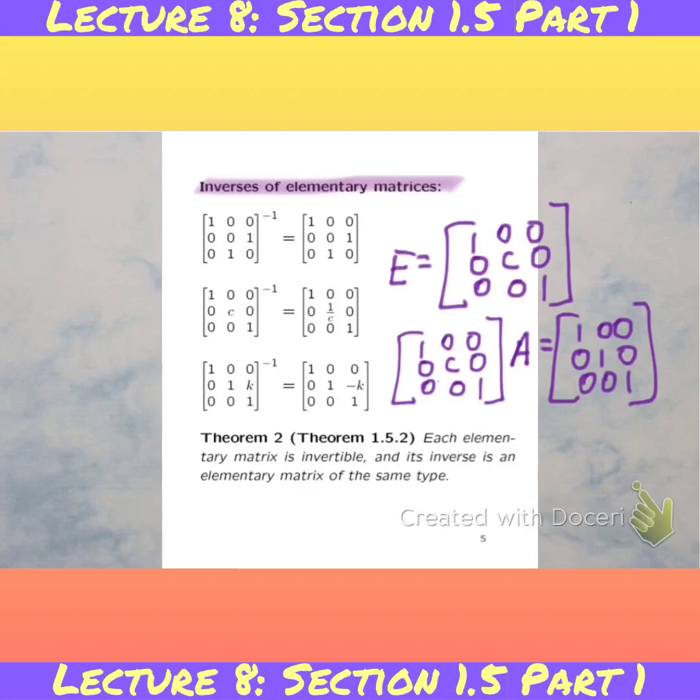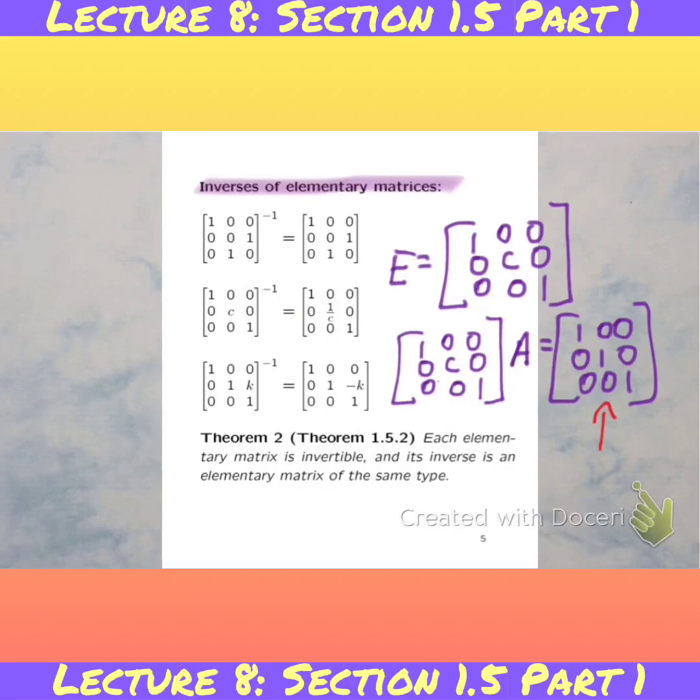Now I know that the product of E with A can be determined by applying the operation I use to get E from the identity matrix to A. So when I apply this operation to A, the end result has to be that identity matrix on the right hand side. So what do I need to choose A as?